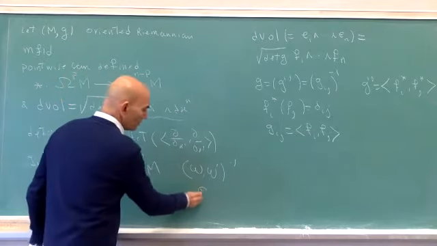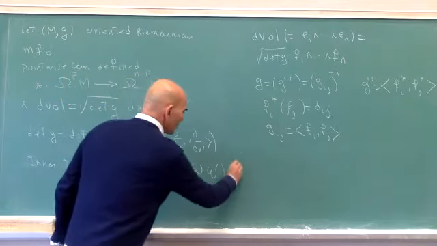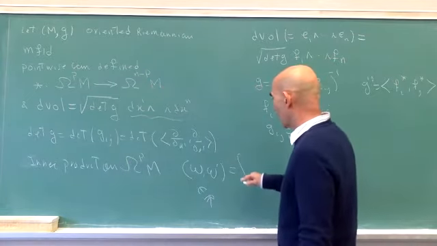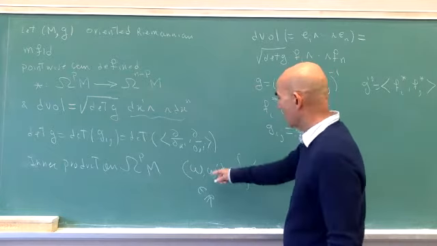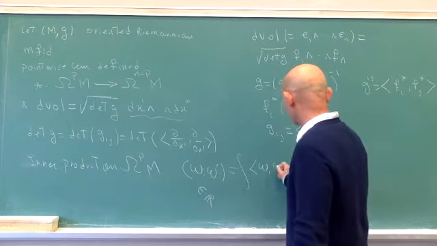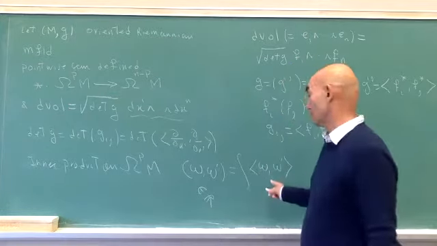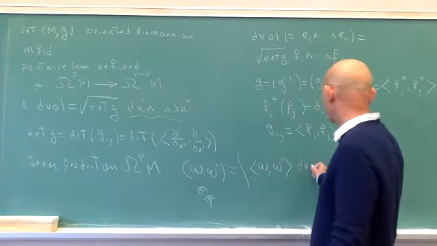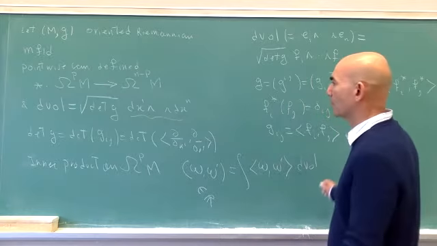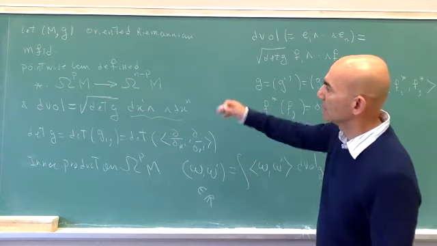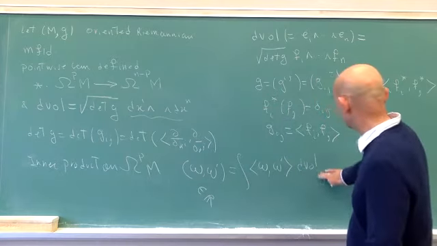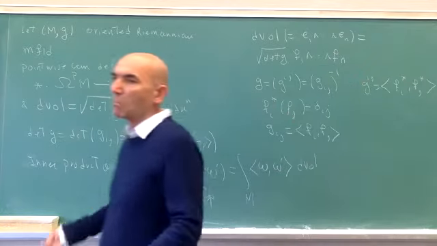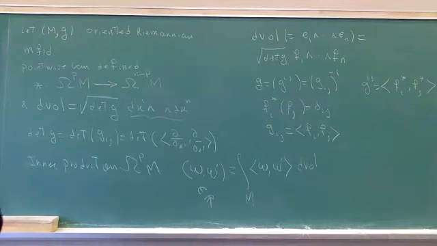It is equal to the integral where, pointwise, I take the inner products. This is a function, and then I integrate it against this volume form, or sometimes people just write d vol_g, or just d vol. Of course, if M is compact, then you're okay. If not, you just restrict to compactly supported forms.